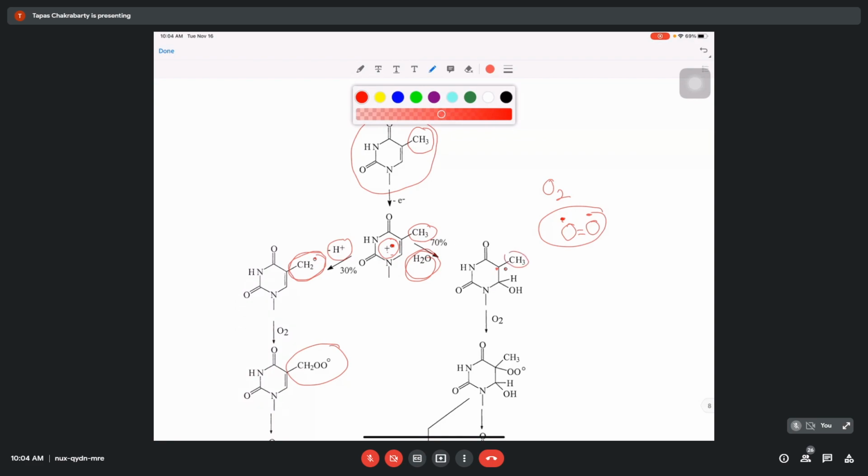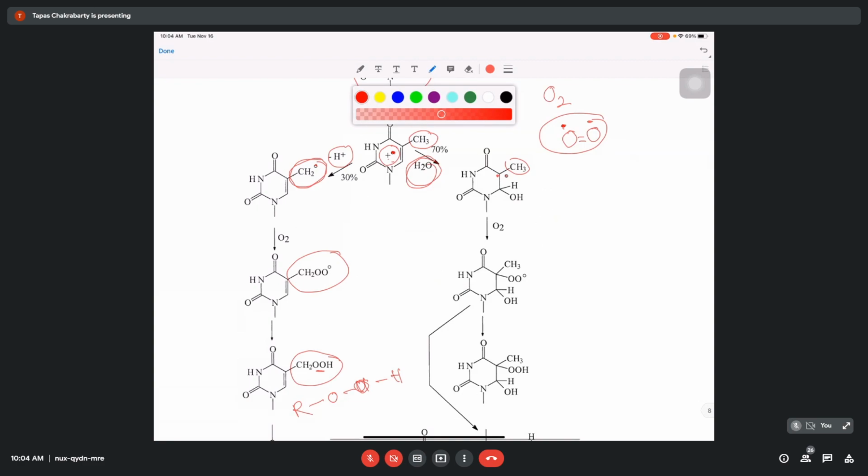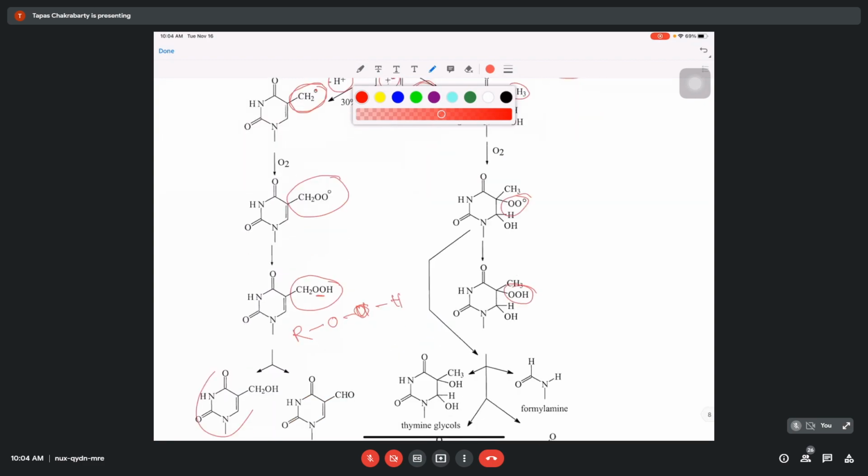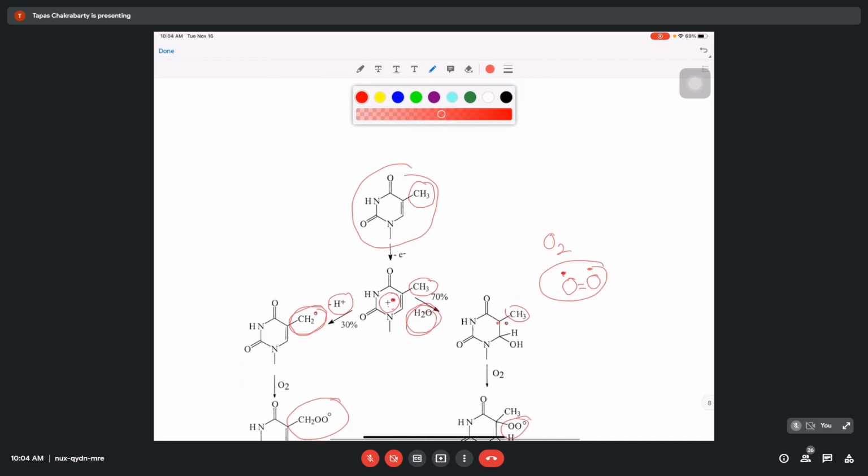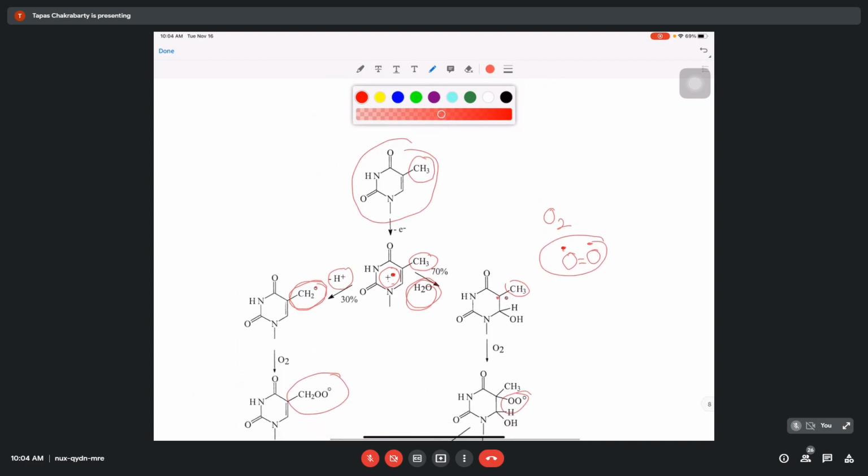The methyl group has remained intact. Now this oxygen molecule can combine and again produce a similar peroxy radical, and this peroxide can undergo all different kinds of reactions. So what we talked about is this antioxidant.